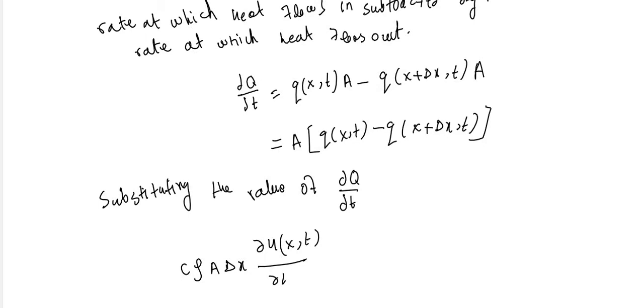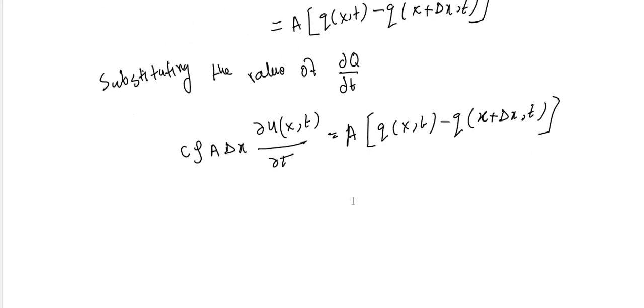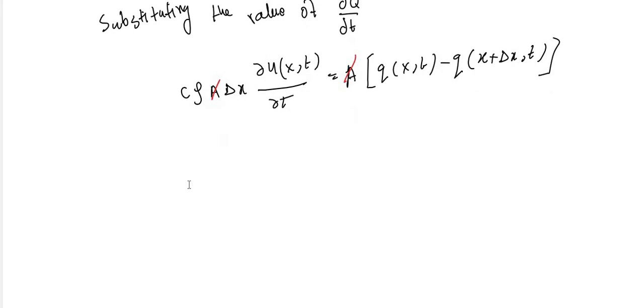This is t, and this thing is equal to your right hand side, which is q(x,t) minus q(x plus delta x, t). Now you can cancel this A with this A, and no other thing can be cancelled, so let me rewrite a new equation here.